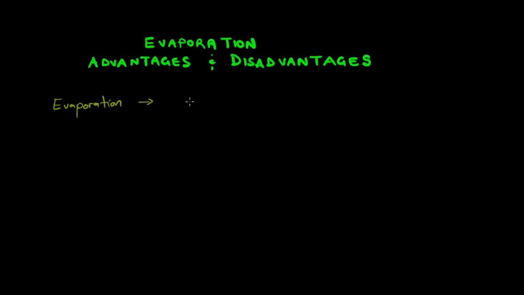It works to separate a liquid and a soluble solid. And so actually it's used to separate components of a solution, because we know that a solution has to be made up of two components.